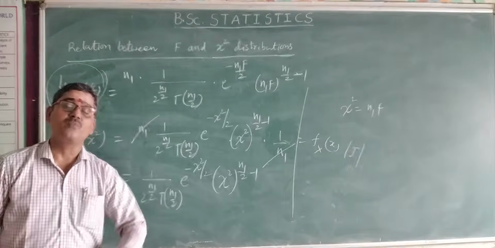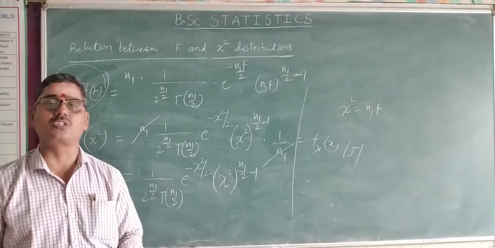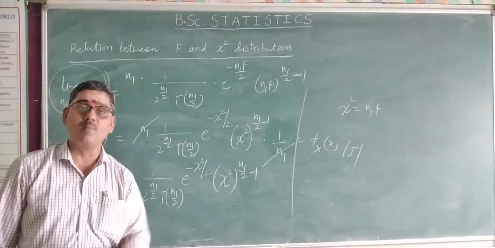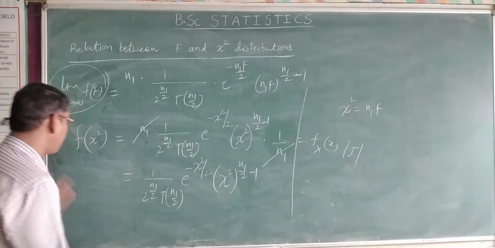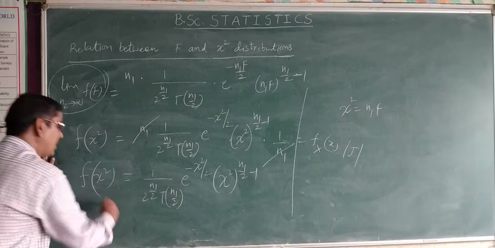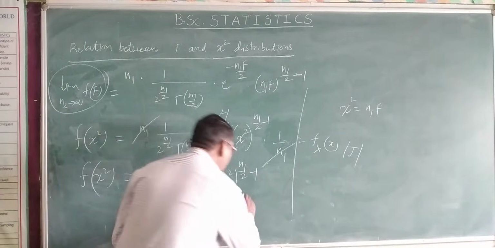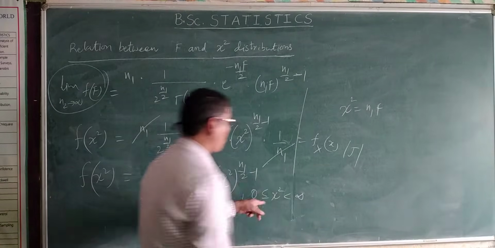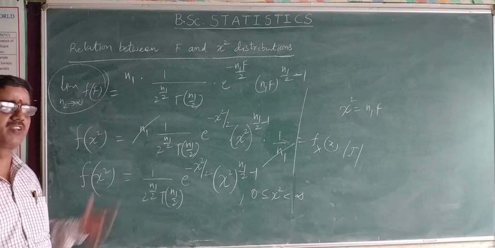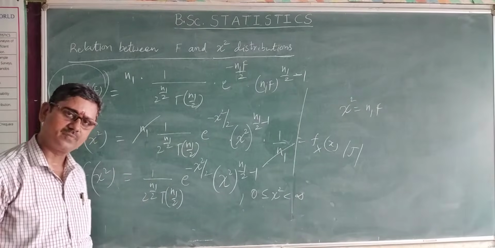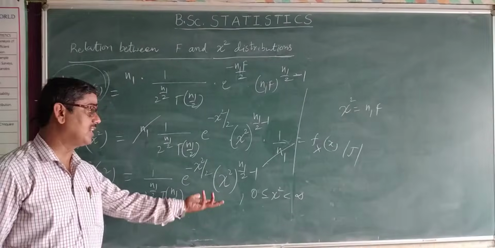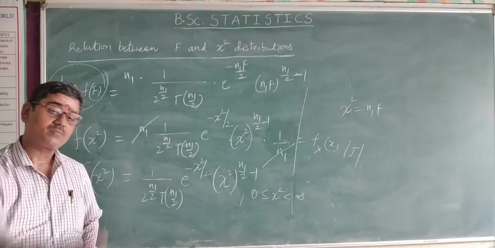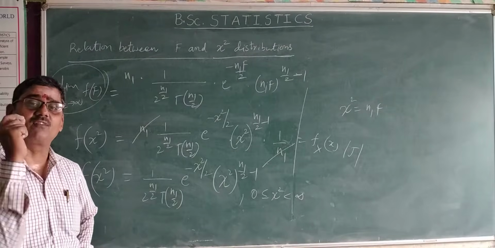What we considered was the density function of the F distribution; as n2 tends to infinity, this was derived as the probability density function of the chi square distribution, with limits 0 less than or equal to chi square less than infinity. The F distribution limits are the same, 0 to infinity, so chi square also lies between the same limits.